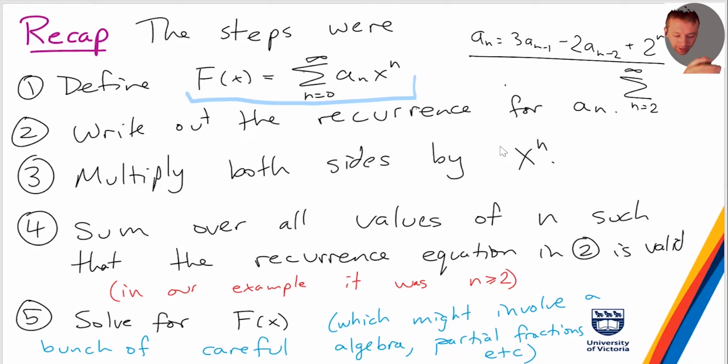You take these parts of this sum and write them in terms of f of x. For example, if you're summing from 2 to infinity, you might get f of x minus a0 minus a1 x as one of the things.